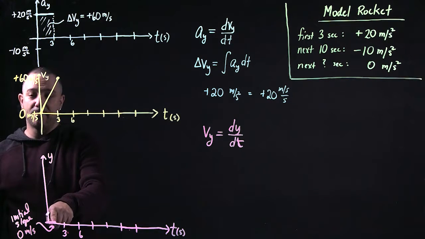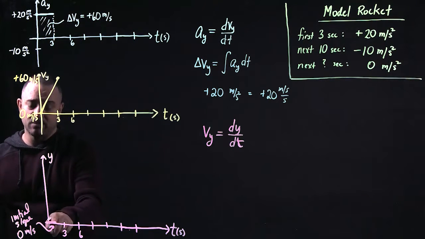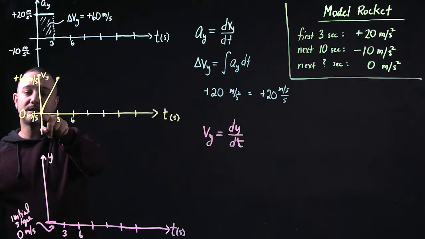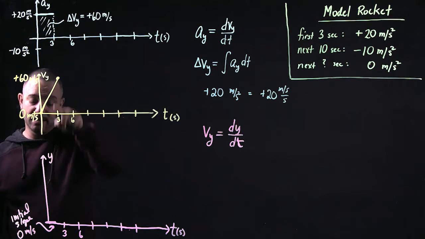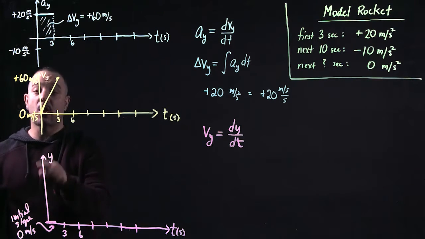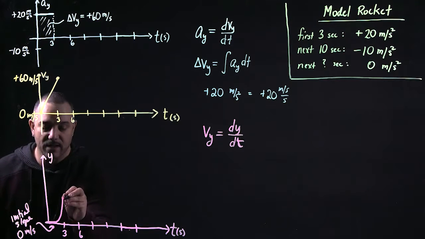So the slope of the position graph is the velocity. The velocity is initially 0, so it means we have initially a 0 slope. And as we can see, the velocity is increasing in time, or the speed is increasing in time. So we want a curve here whose slope is increasing in time. And so that's going to give us a curve that looks like that.